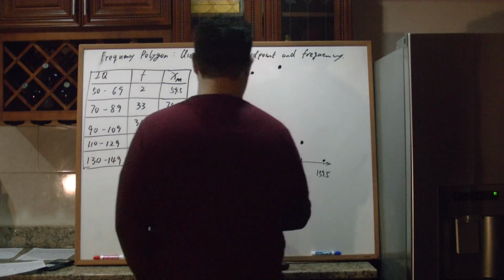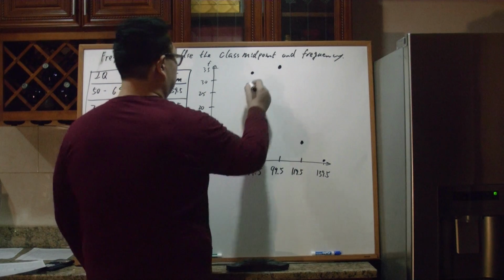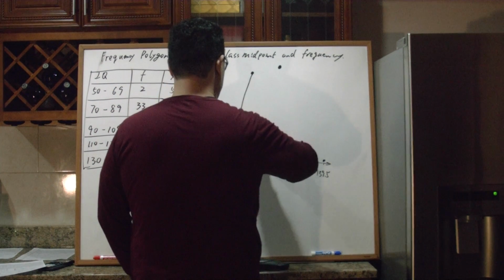Then what we do for the frequency polygon is just connect the points together with straight lines.